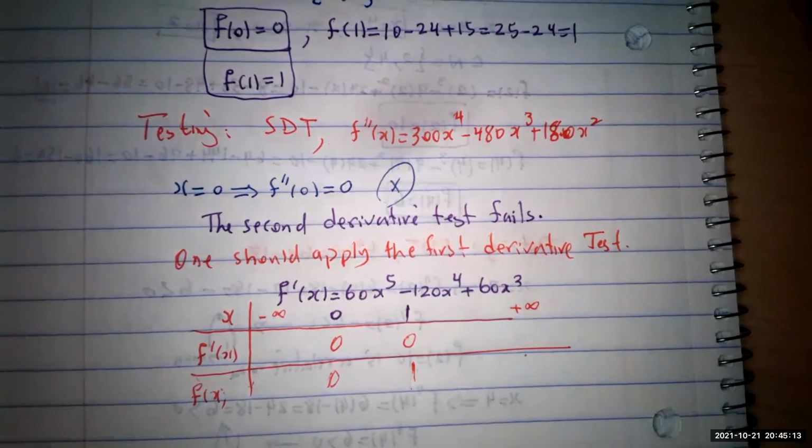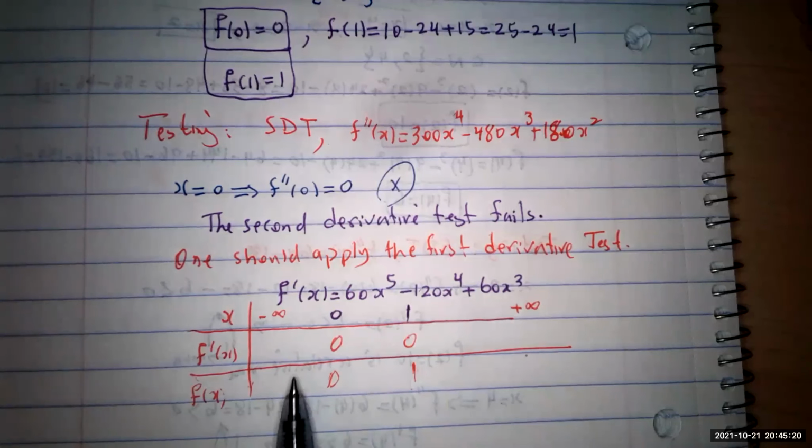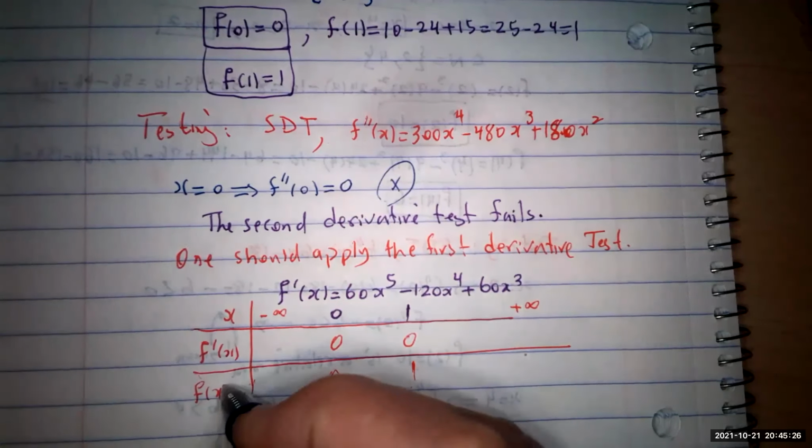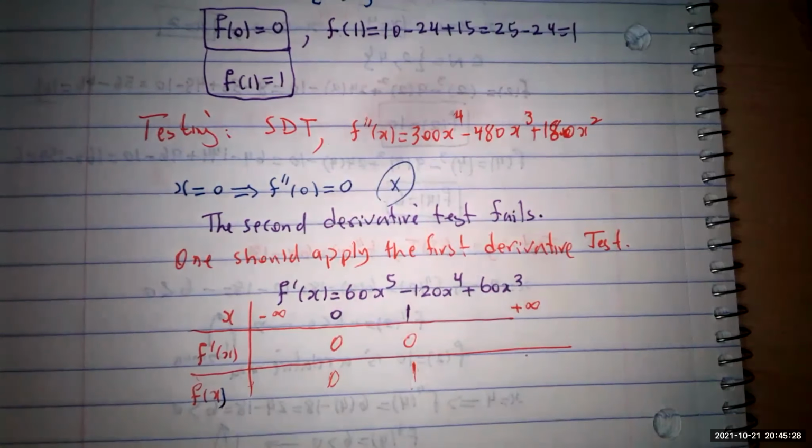Okay, so we have to find the sign of the f prime this time. You see, 1, 2, 3. So you have to test some numbers into the f prime to see what is going to be the sign.